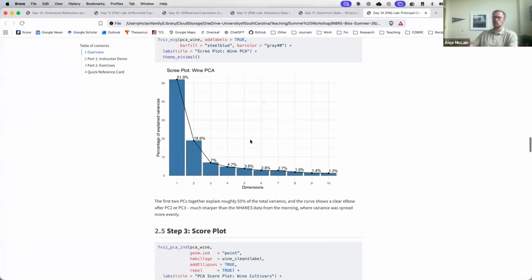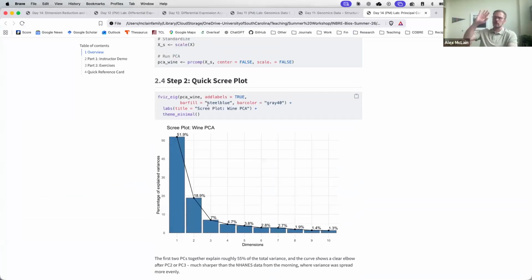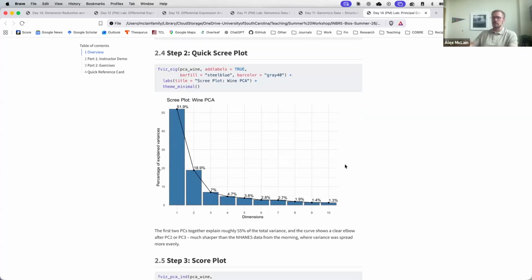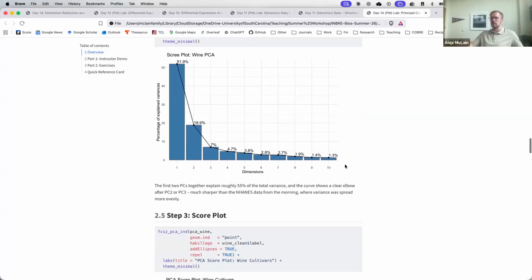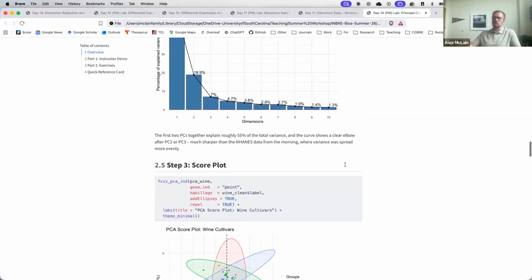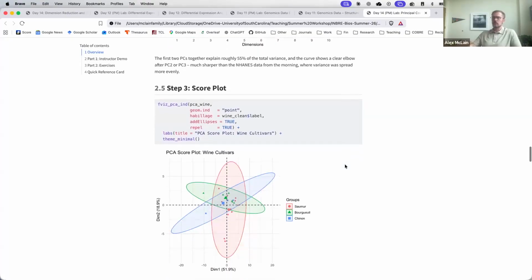Okay, this is a quick scree plot. Again, this is for the FactoMineR version of the data set. We may have something a little bit different for the one that we download. Yeah, okay. Well, I'll leave that for the question of how many principal components to keep, but it seems to be a good clean answer there.